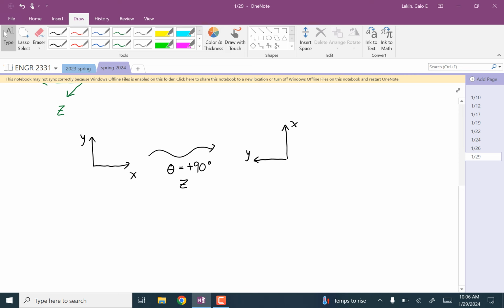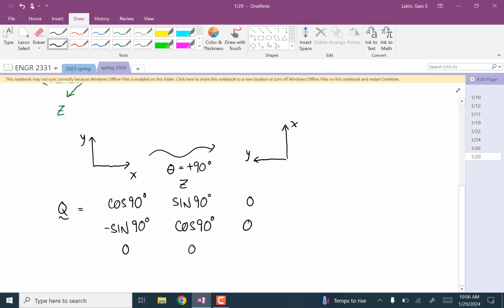And so that rotation matrix is going to be cosine of 90, sine of 90, 0, negative sine of 90, cosine of 90, 0, 0, 0, 1.